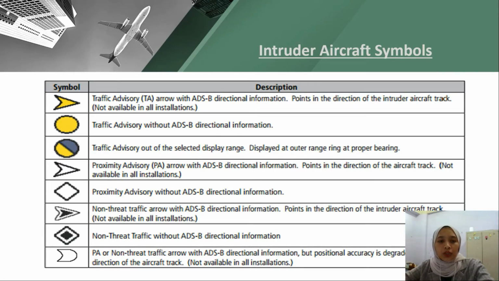For intruder symbology as shown on the VSD, the TCAS symbol is shown together with the separation margin, a vertical speed arrow, the relative bearing in hours clock, and the intruder distance in nautical miles.